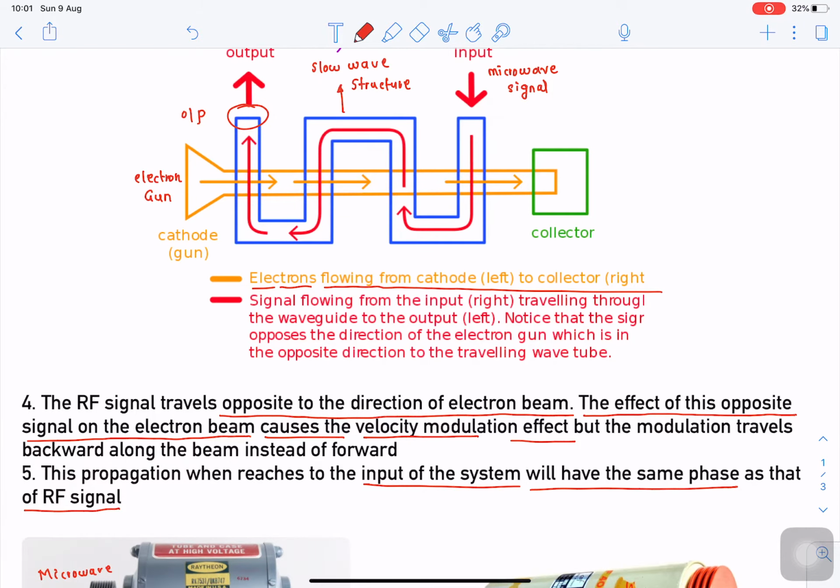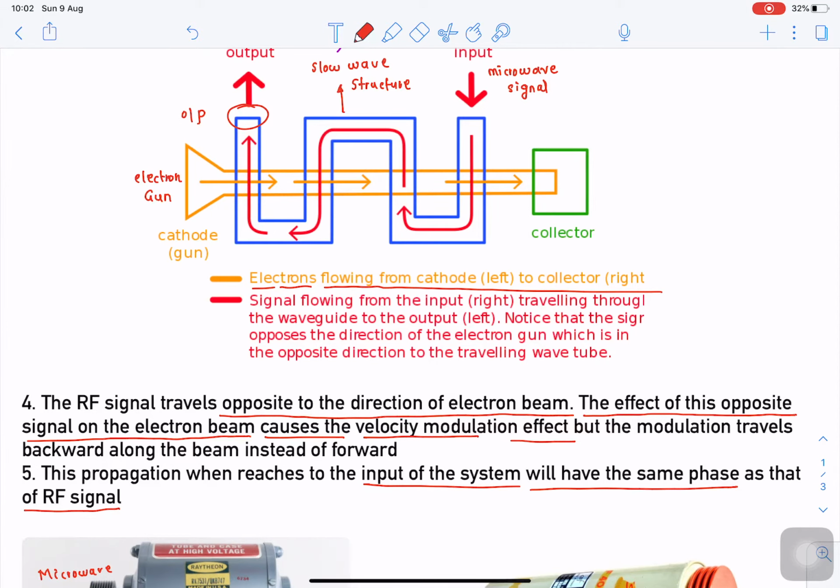We started with the two-cavity klystron as an amplifier, then we saw the reflex klystron, then we came to the traveling wave tube amplifier, and then we saw the very first type of tube utilizing the crossed field for generating the microwave signal, and that is the magnetron.